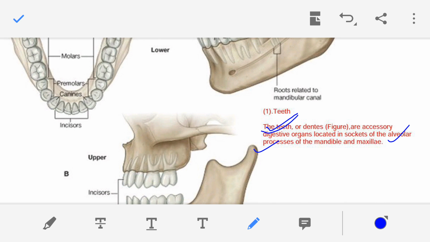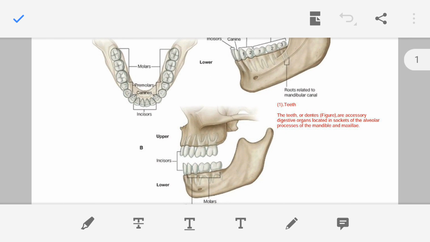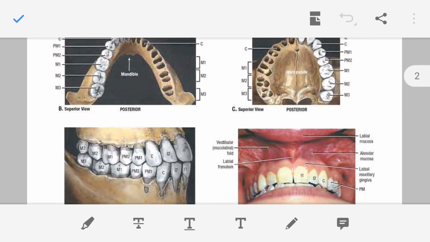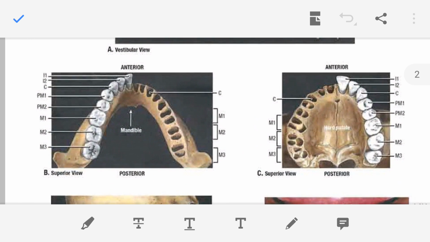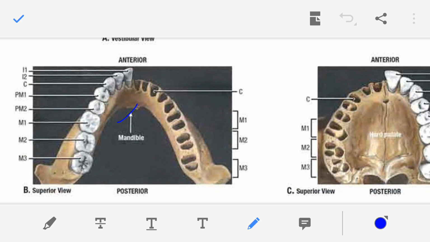Teeth are also known as dents. The other name for the teeth is the dents. So for example, here in this figure, as you can see, the mandible is shown.